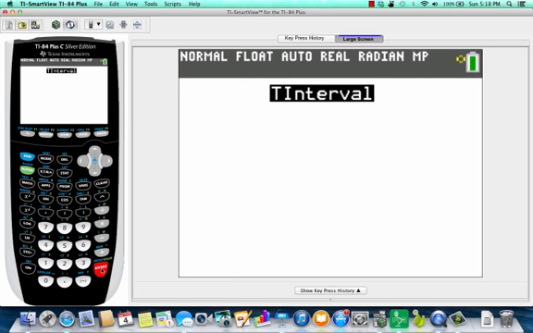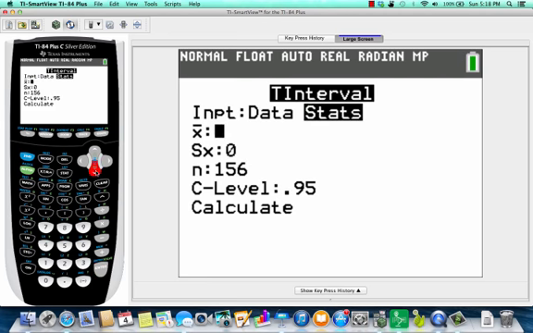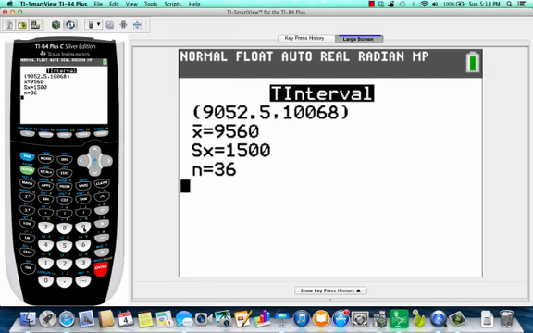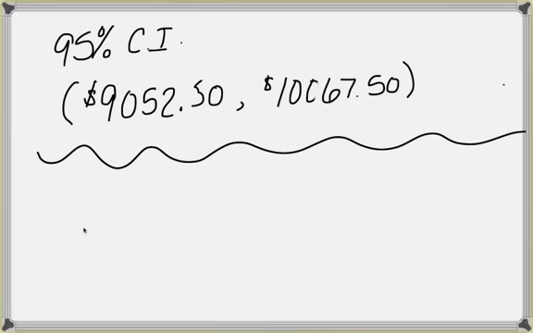We want to just enter some stats. So our X bar was 9560. Standard deviation was 1500. N was 36. And we are doing a 95% confidence interval. And they give us 9,052 to 10,068. So if we compare that to what we just found, 9,052 to 10,068, we are pretty darn close.